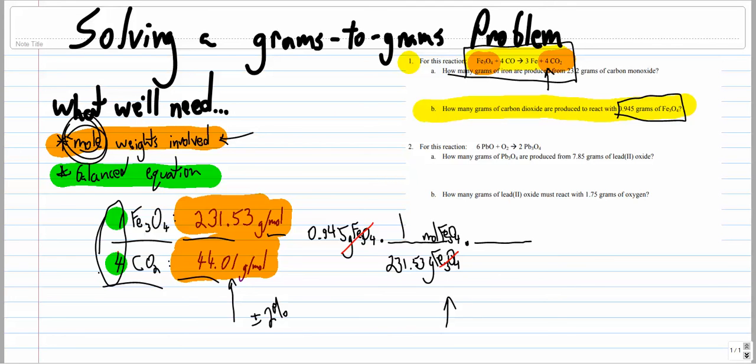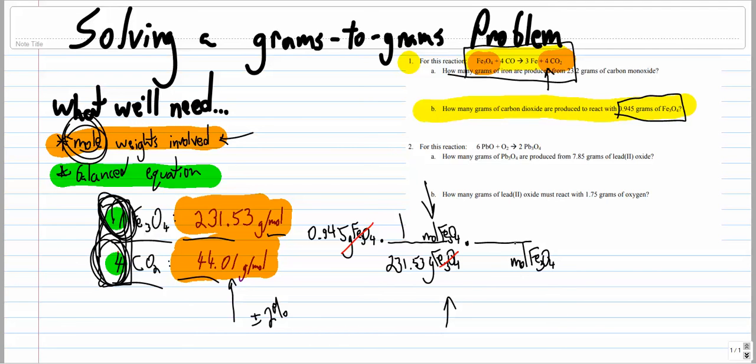We use these mole ratios because that tells us the relative amounts of each compound, mole for mole. So for every 1 mole of the Fe3O4, there's going to be 4 moles of CO2. So if I want to cancel out my moles of Fe3O4, it's on top, I'm going to write it on bottom.